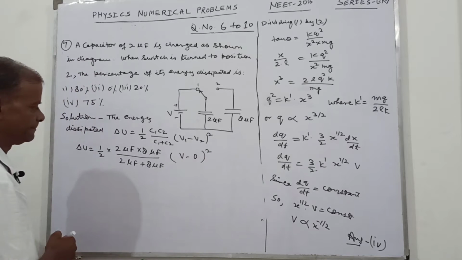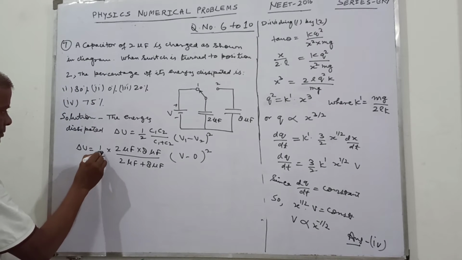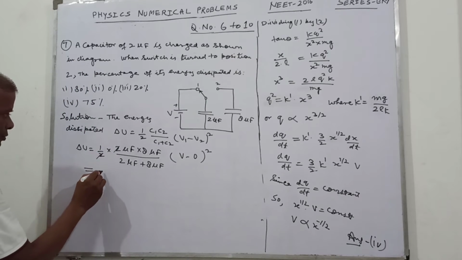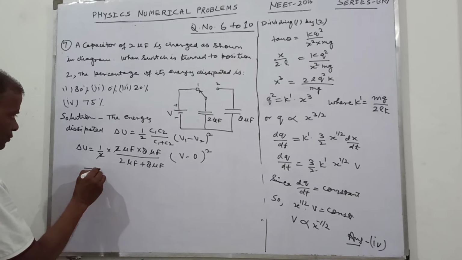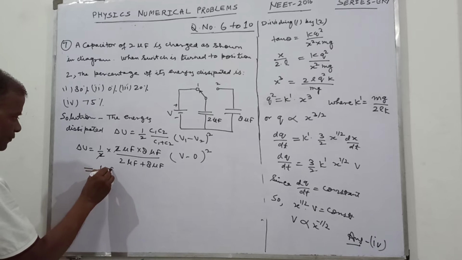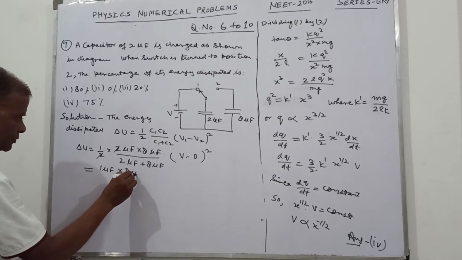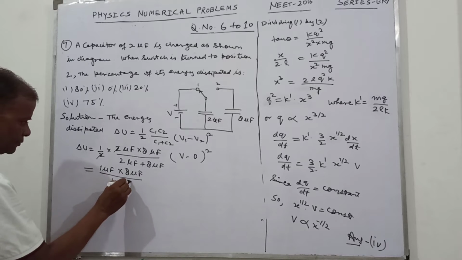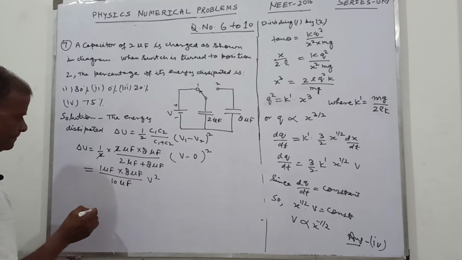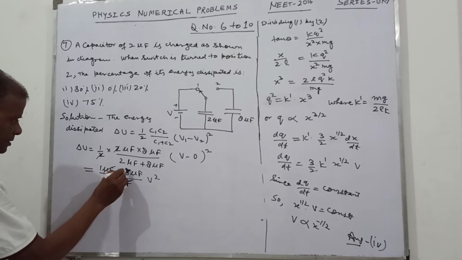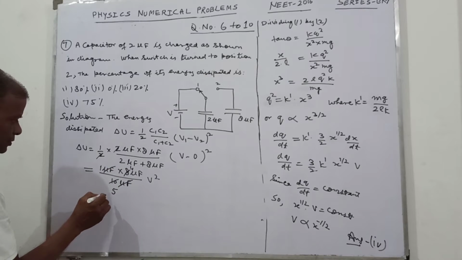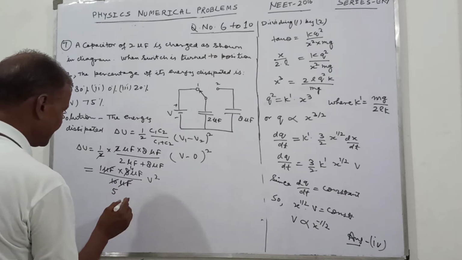This is whole square. So this is 2 and 2 will cancel. So this is your 1 microfarad into 8 microfarad upon 10 microfarad into V square. Microfarad will cancel. This is now your 5, this is now your 4. So this is 4 upon 5.